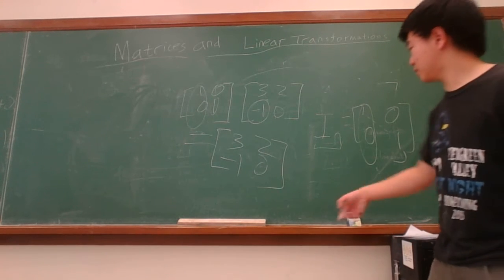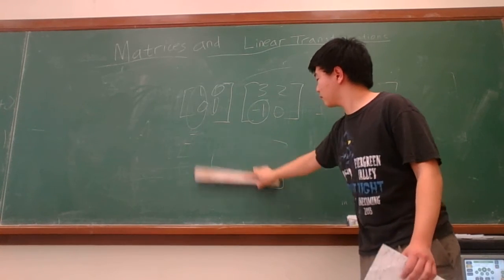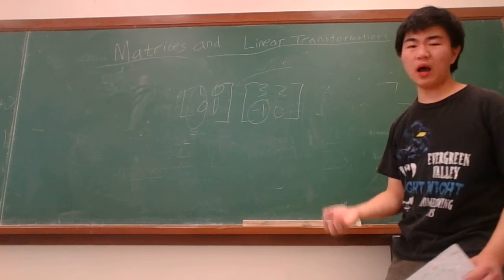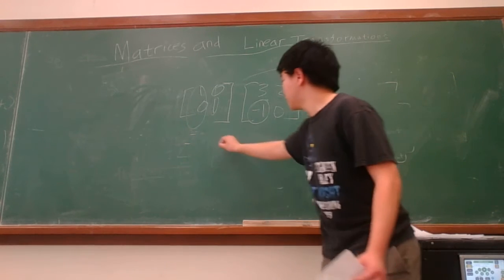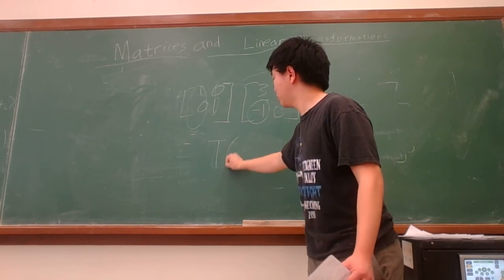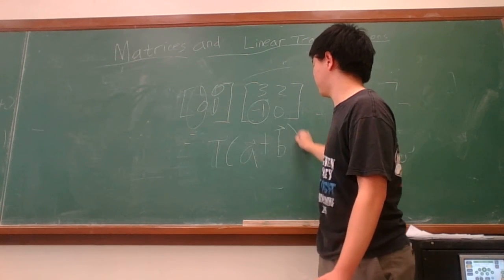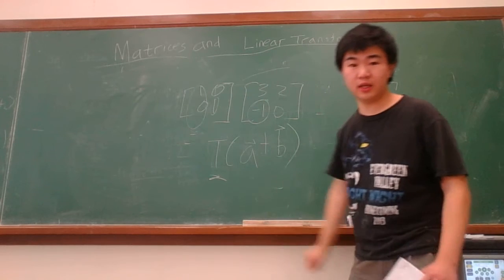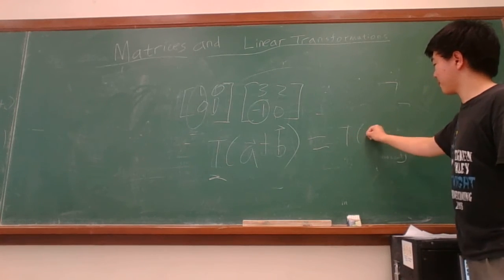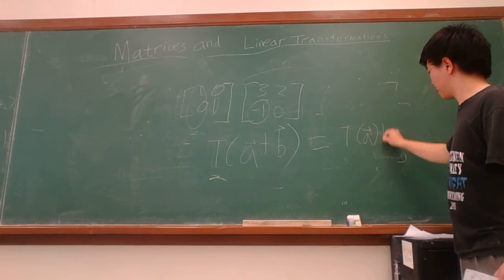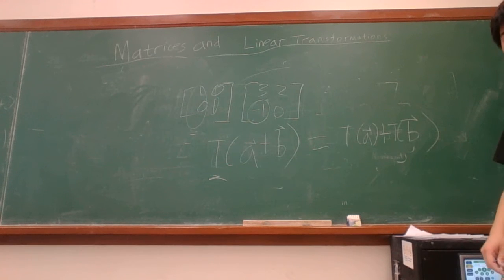So why do we call this linear? Well, let's define what it means to be linear. All right. So let's take two vectors, A and B. If this is a linear transformation, this transformation T, then what we should get is T(A + B) = T(A) + T(B) by definition.